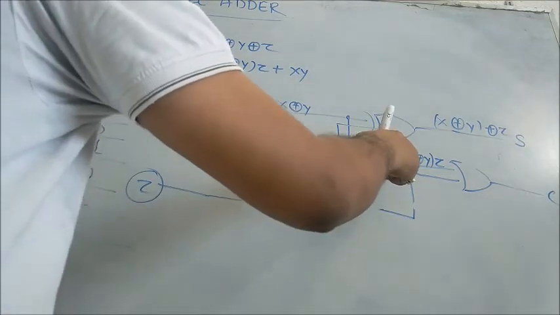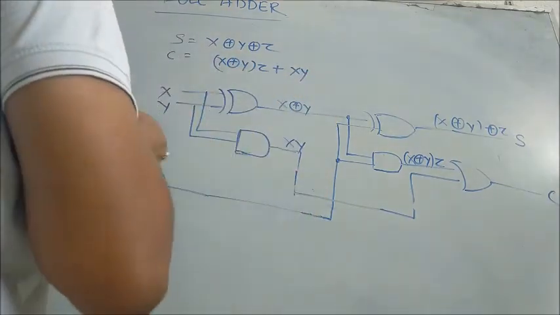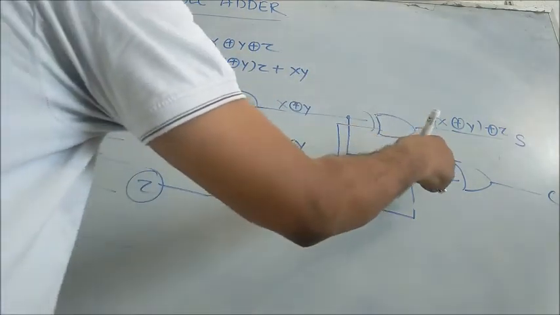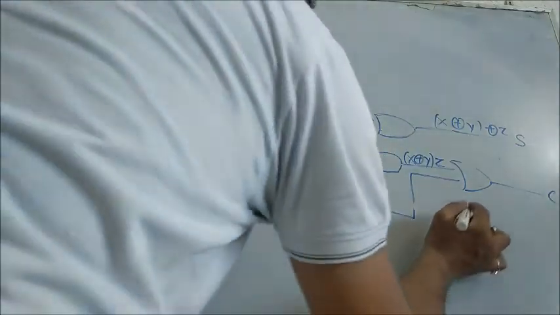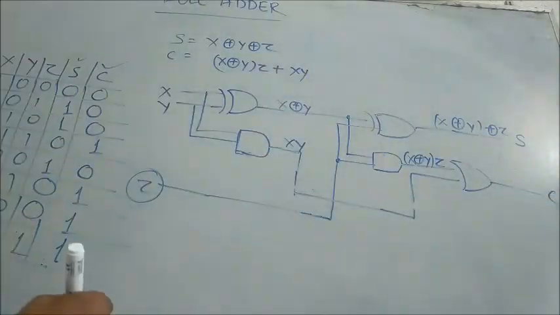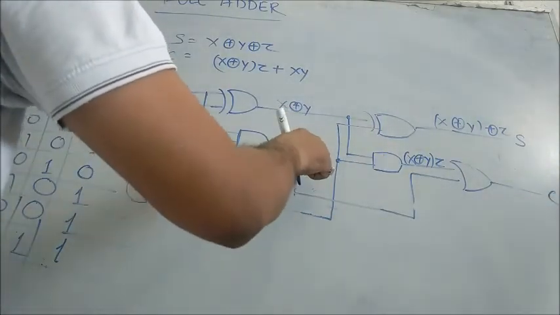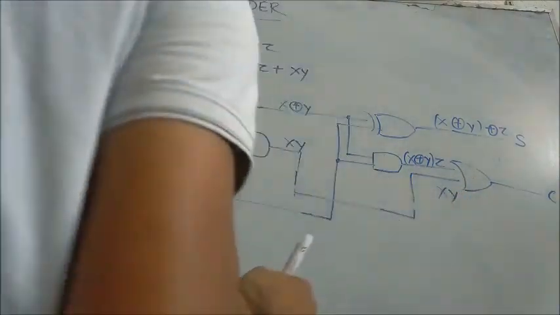So ANDing X XOR Y and Z will give (X XOR Y) times Z. Now finally what is going to happen? About C, one more thing is coming from this, that is XY. So when XY comes here, what is going to happen?